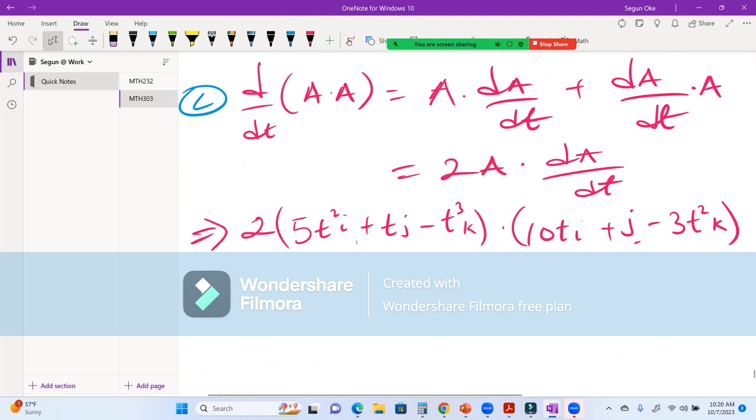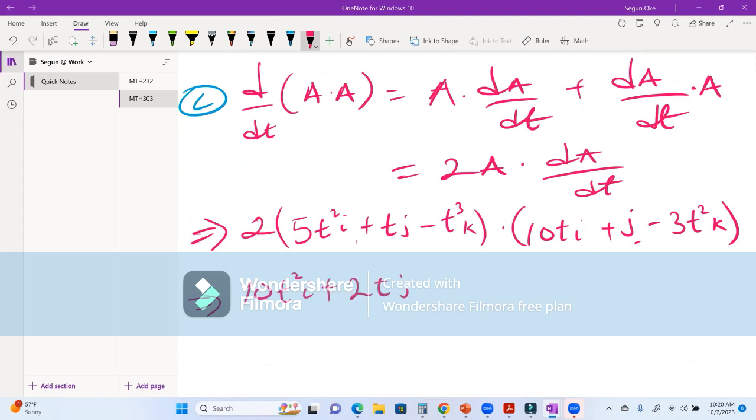So I can open the brackets, but before that, let's distribute the 2 already. 2 multiplied by 5, we have 10t squared i plus 2tj minus 2t minus 3.